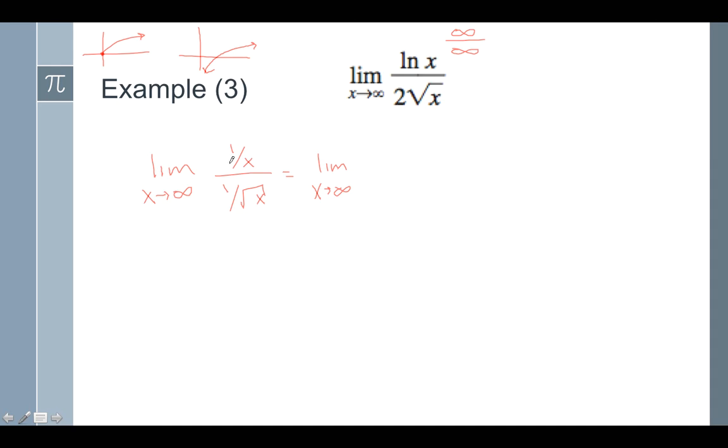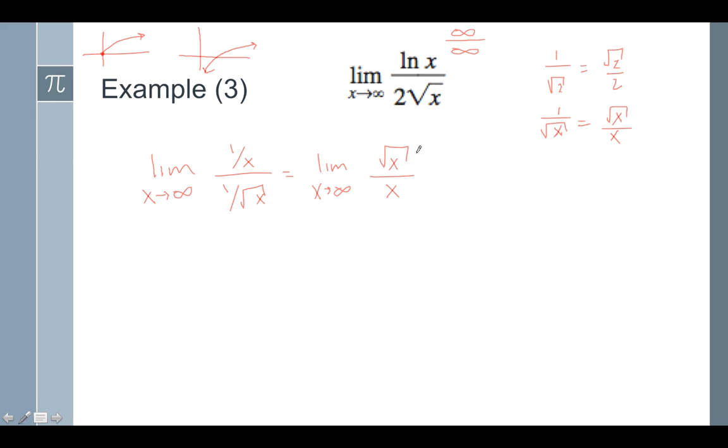We can flip and multiply. This becomes radical x over x. And if you want to get tricky, you can remember that 1 over radical 2 really is root 2 over 2. Same thing, 1 over radical x is the same thing as radical x over x.